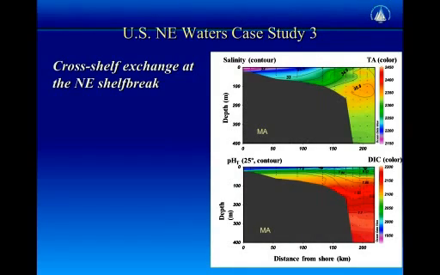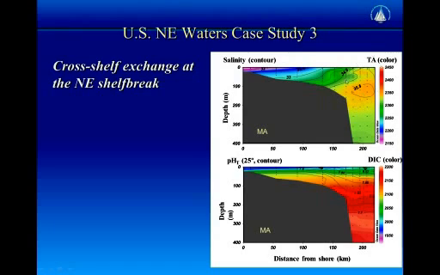So the last case, I think I have a few minutes, is the cross-shelf exchange at the New England shelf break. This is the same data set I showed, and it gives you a sense of the strong cross-shelf gradient, which you can see from this cross-section plot.